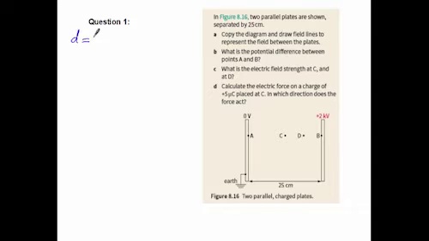Our d equals 25 centimeters, and we should convert it to the SI unit, meter, by dividing by 100, or multiplying by 10 to the minus 2. So 25 divided by 100 will be 0.25 meters. Copy the diagram and draw the field lines to represent the field between the plates.